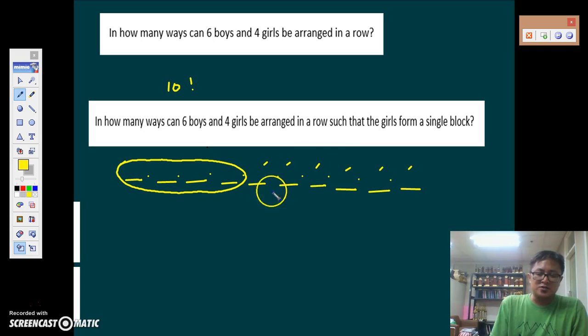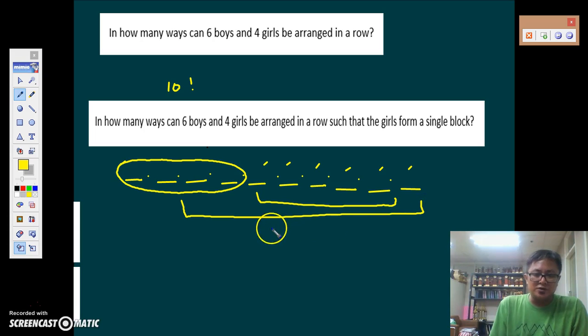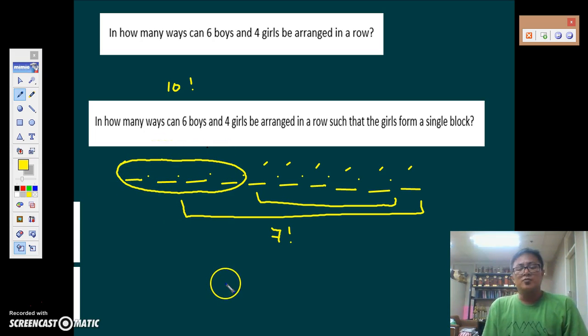So you have here 6 arrangement for the boys. So basically this is 6 factorial. But remember that this will form a single unit. Therefore, all in all, there are 7 arrangements. So 6 for the boys and 1 for the single block of girls. But if you look at the group of the girls, in their little own universe, they have their arrangements as well.